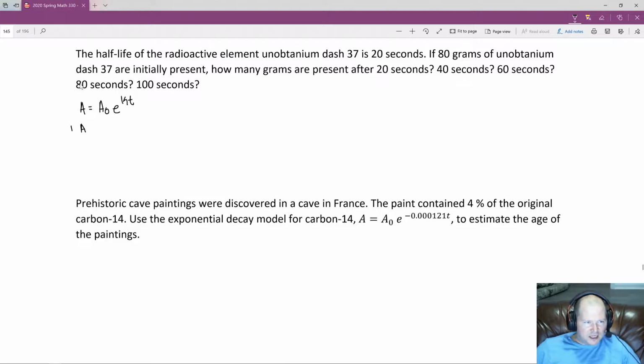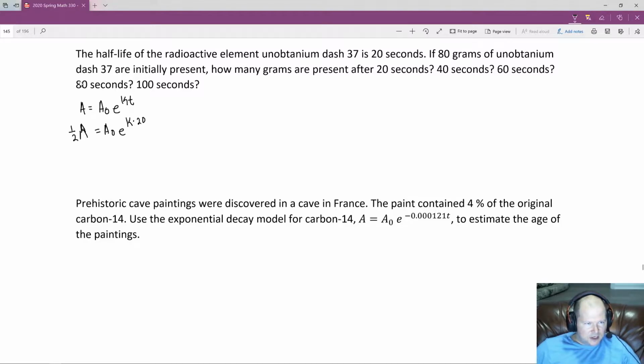And this is a half-life, so we actually have to find this constant first. So our initial amount multiplied by e^(kt). Now, we don't know what the k is, but we do know that it's being multiplied by a t of 20 seconds.